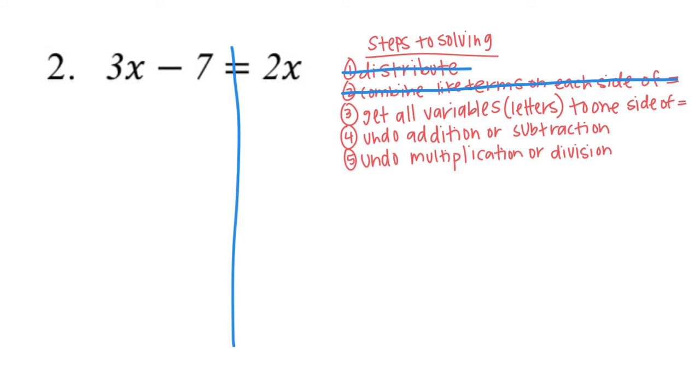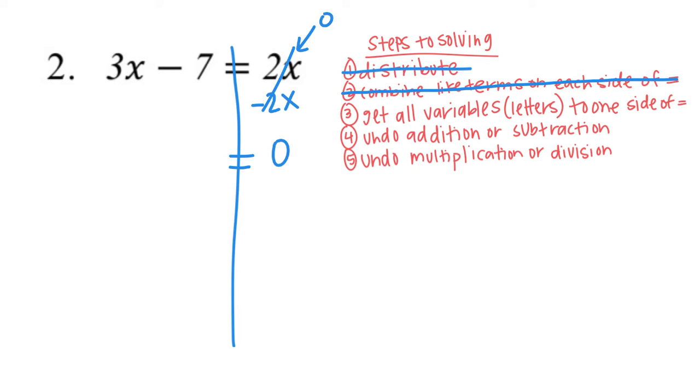Step 3 says get all variables or letters to one side of the equals. So let's do that because I see an x on the left side and the right side. Remember, in order to do that, we want our x's to be 0 on one side of the equation. So I'm going to move all my x's to the left side. So I have a 2x, and if I do 2x minus 2x, that would give me 0 x's on that side.